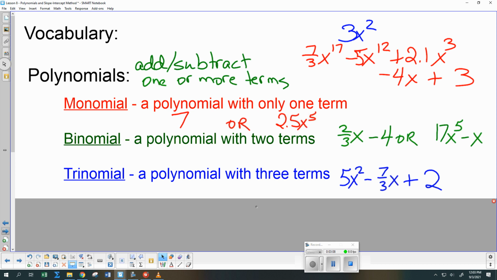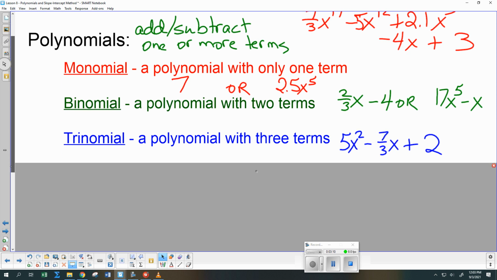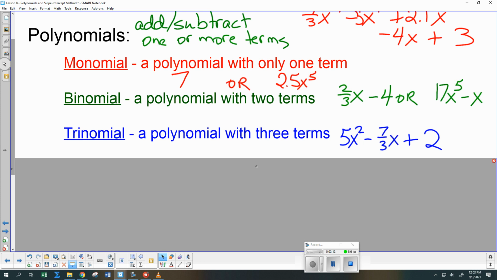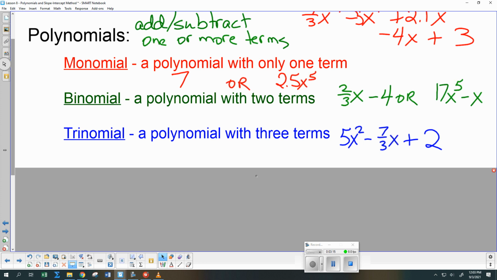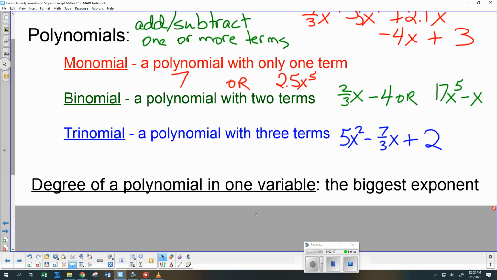There is another way, though, that we classify polynomials, and that's by the exponents in them, specifically by the biggest exponent. So the degree of a polynomial, assuming we only have x in there, is the biggest exponent.